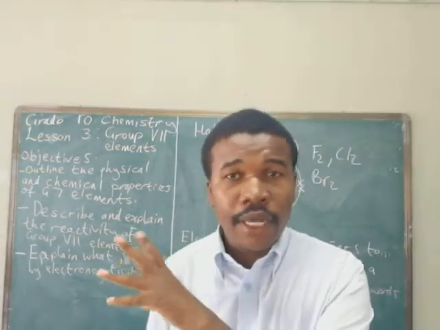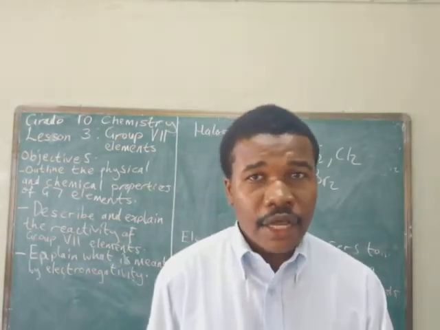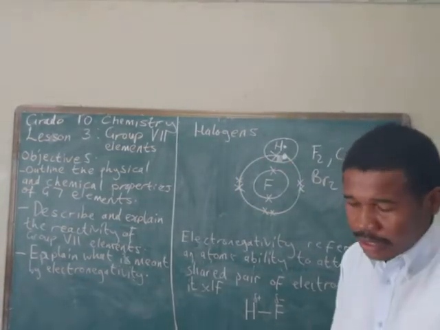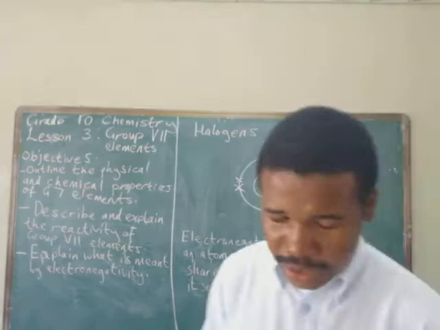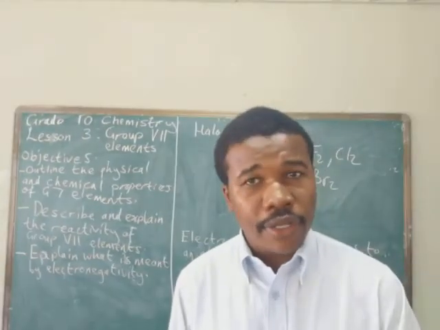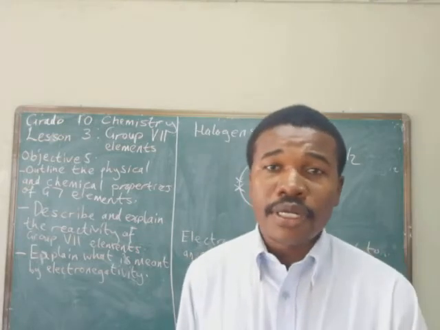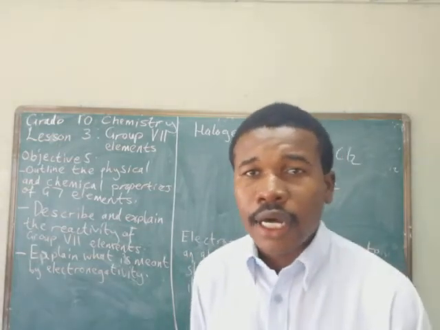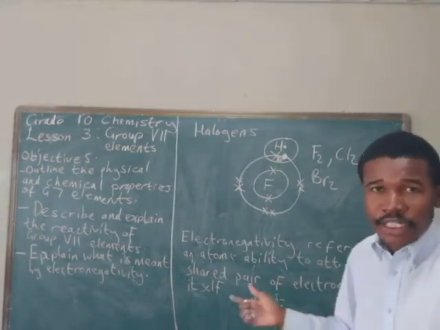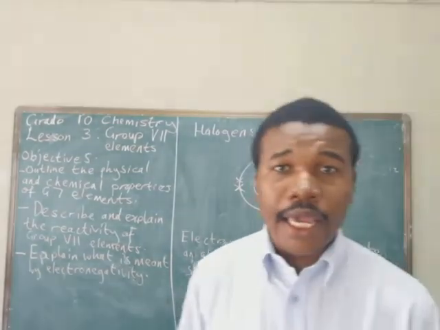Especially for fluorine and chlorine being gases. Fluorine and chlorine are gases, and then bromine is a non-metal, and actually there is a point that comes in to say bromine is the only liquid non-metal at RTP, at room temperature and pressure.